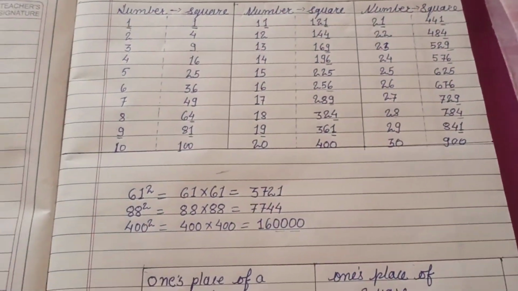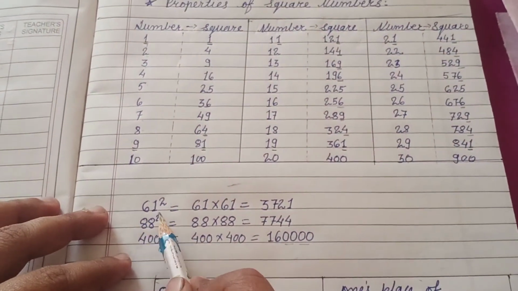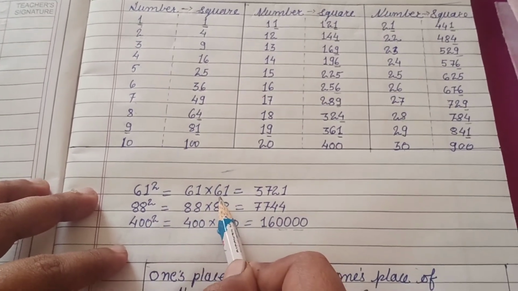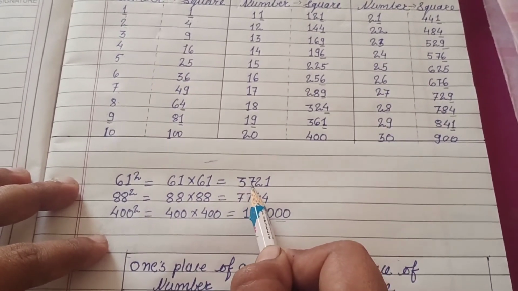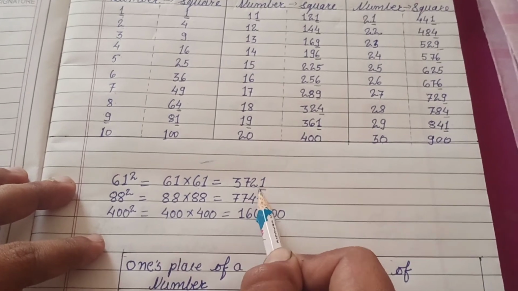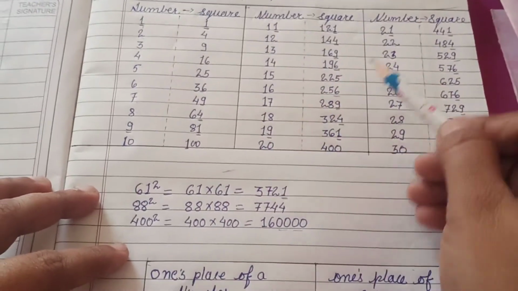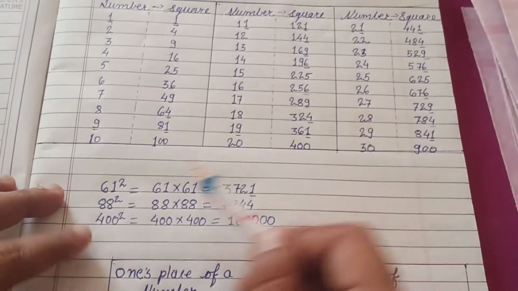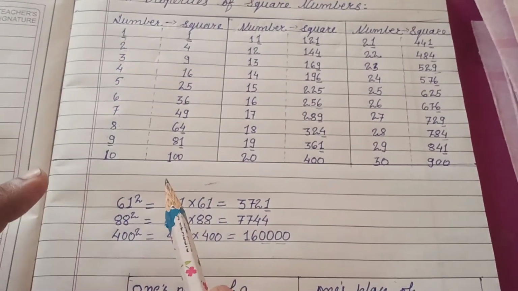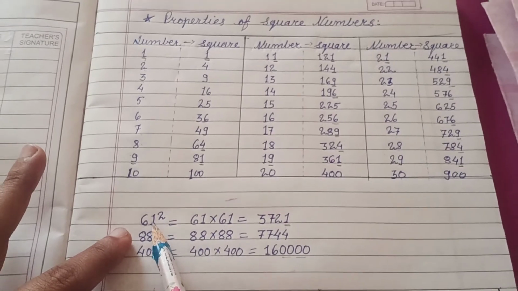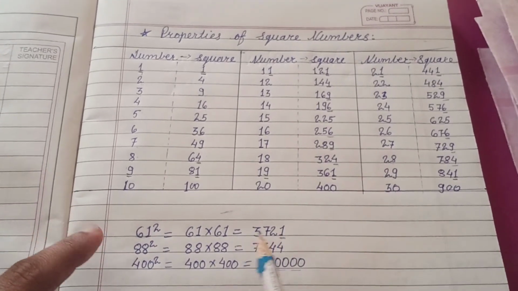Now here are some random calculations. 61 square, it means 61 into 61, that is 3721. It is not only true for 1, 9, 11, 19, 21, 29, but for any random number which ends with 1, its square also ends with 1.